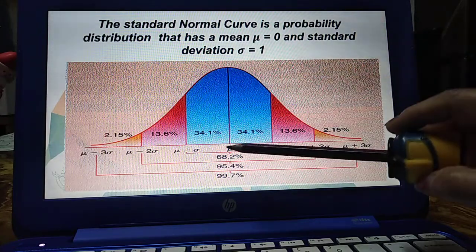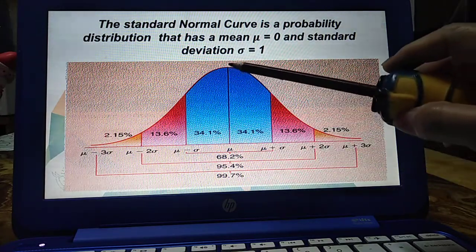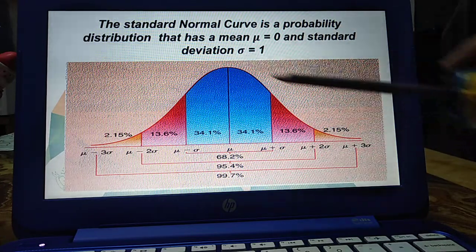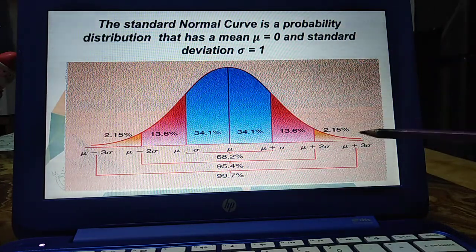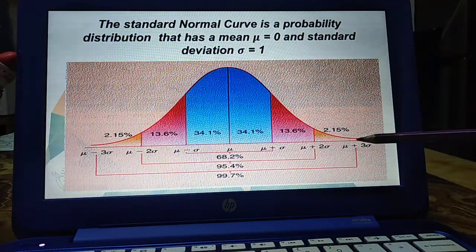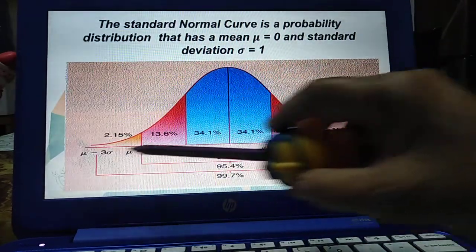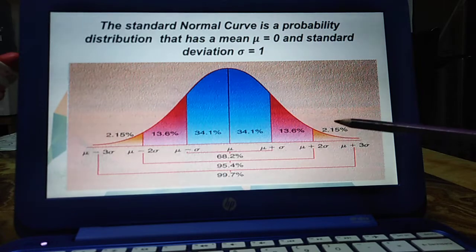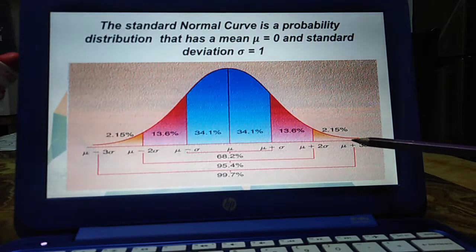This is our mean, median, and mode. From the mean, the values go away from the mean. However, this horizontal line is the asymptote of the curve, which means that the curve is approaching the horizontal line, however, it is not touching.